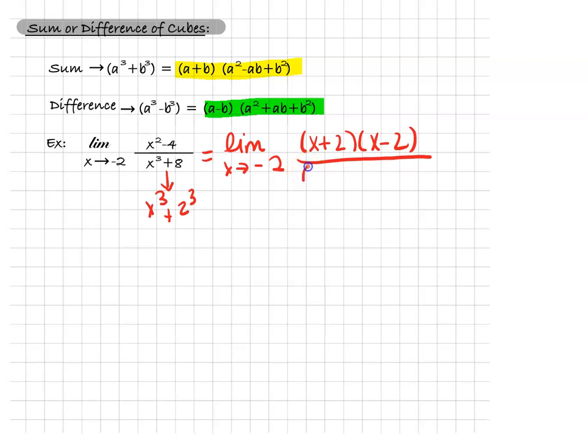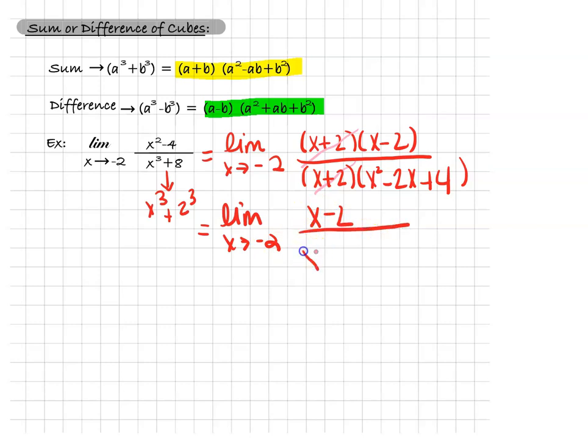So this would result in x plus 2 times x squared minus 2x plus 4. Now this works out really nicely because now these x plus 2's can cancel, and we'll have the limit as x approaches -2, and our result was x minus 2 over x squared minus 2x plus 4.